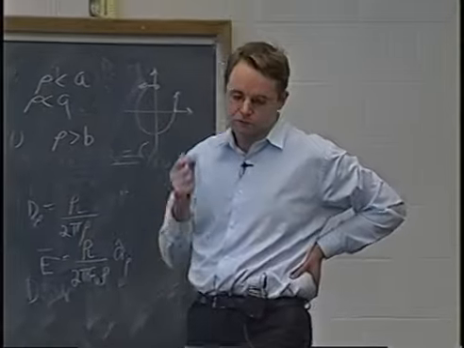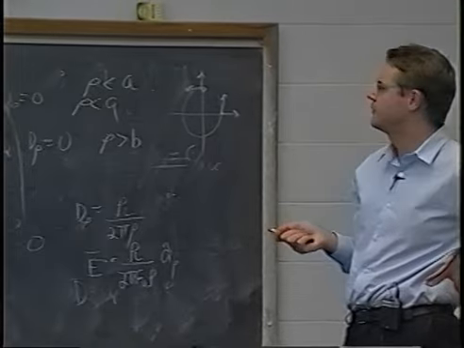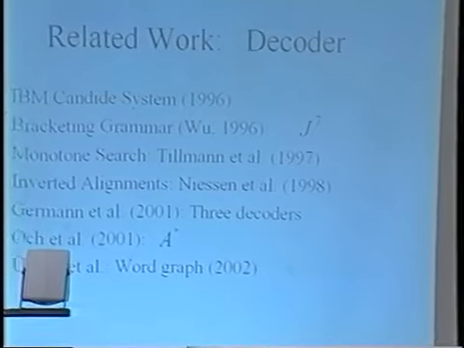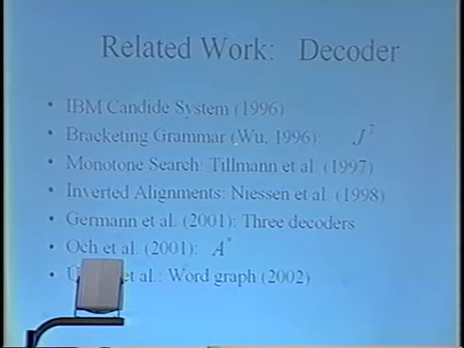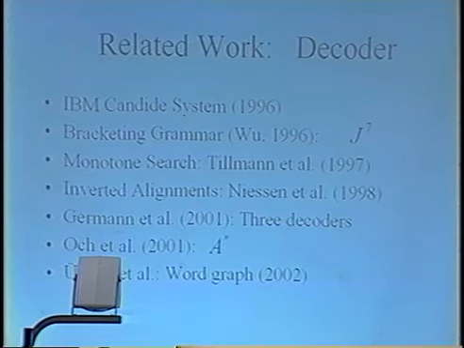So this is an overview of related decoder work. There's no paper about the IBM Candide system decoder. There's a description in the IBM patent, which is from '96. My decoder is somewhat related to this. I will explain details on the following slides. There's work by Dekai Wu.